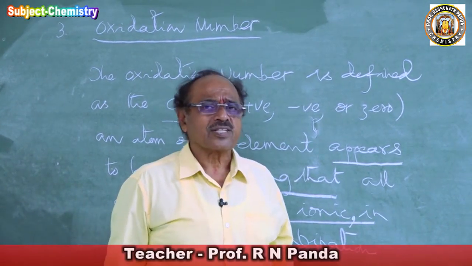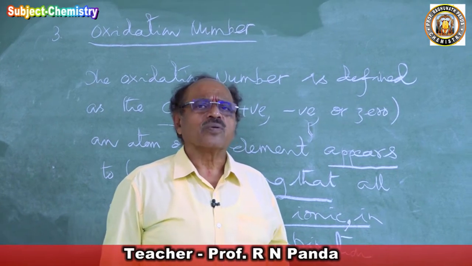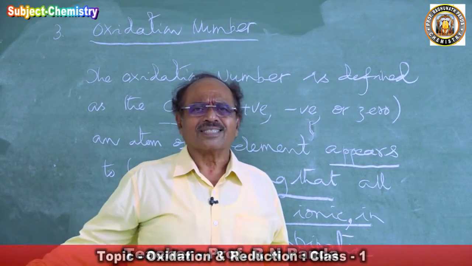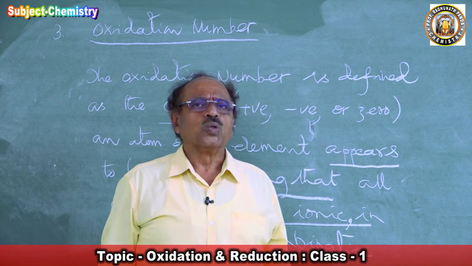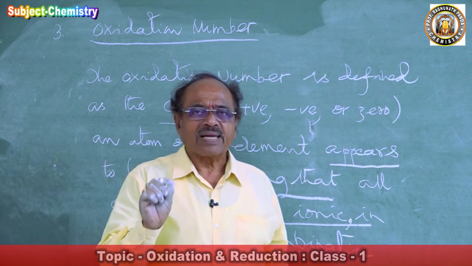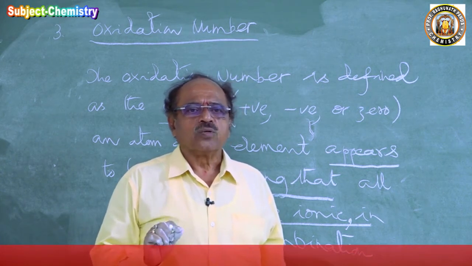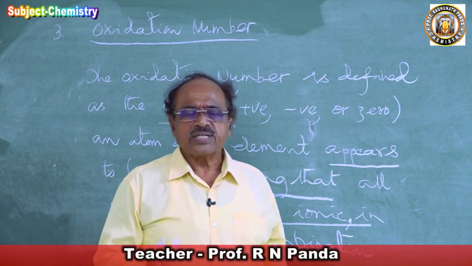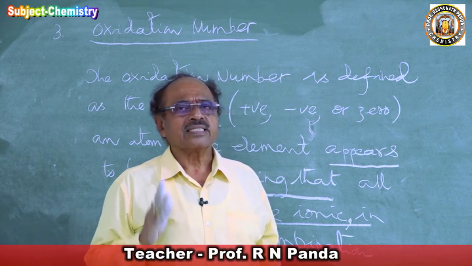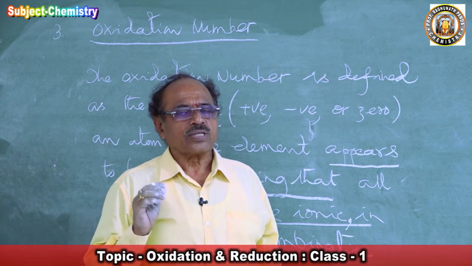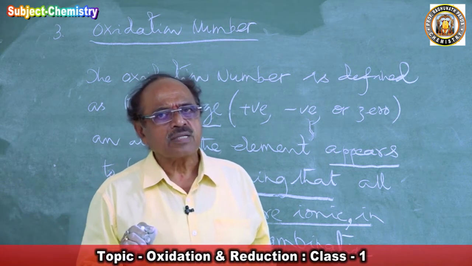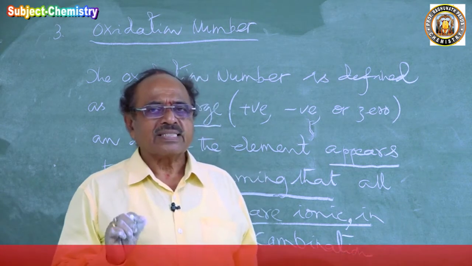Then why this botheration? Somebody may ask, sir, why are you taking this botheration? Oxidation, reduction is going on. No. By calculating the oxidation number, we can say whether oxidation has taken place or reduction has taken place. So what is the significance of oxidation number?